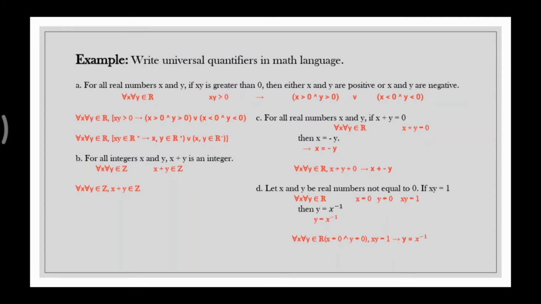Letter C. For all real numbers x and y, if x plus y equals 0, then x equals negative y. Letter D. Let x and y be real numbers not equal to 0. If xy equals 1, then y equals x raised to negative 1.